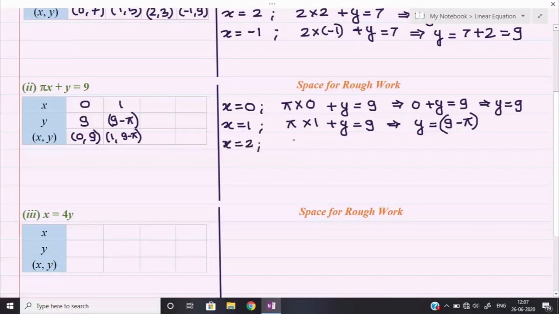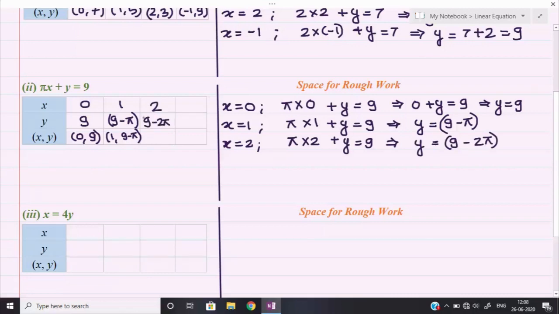So it will be pi into 2 plus y is equal to 9. 2 into pi will become 2 pi, and I am sending 2 pi to that side, so we can say that y will be equal to 9 minus 2 pi. Sending 2 pi to that side, it becomes negative. So here, x is equal to 2, the value of y is 9 minus 2 pi.